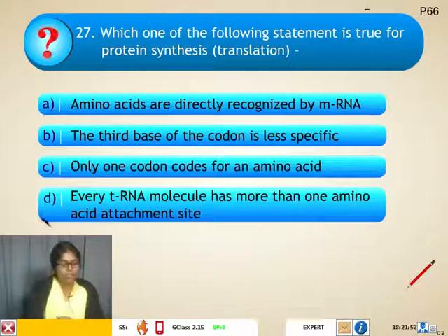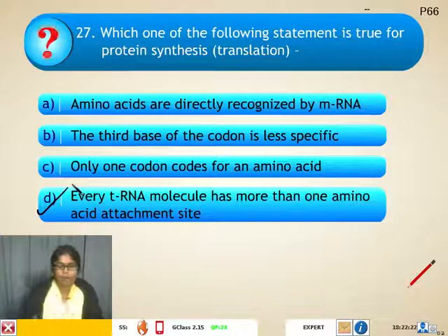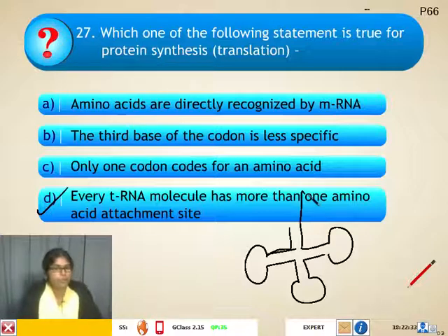So, we'll go from option D, that is from below. Every tRNA molecule has more than one amino acid attachment site. Now, go back and recall the tRNA structure. So, how many sites does it have for amino acid binding? You all remember the structure? The structure of tRNA, cloverleaf structure.